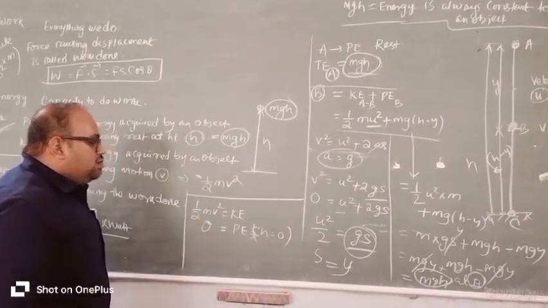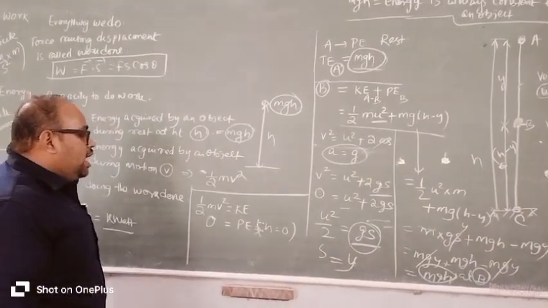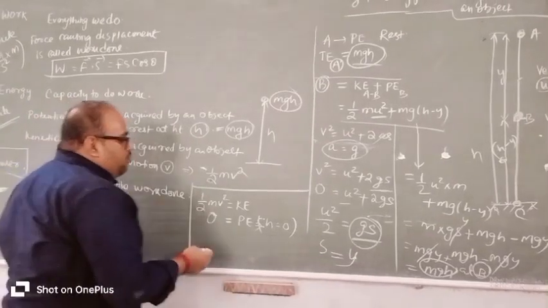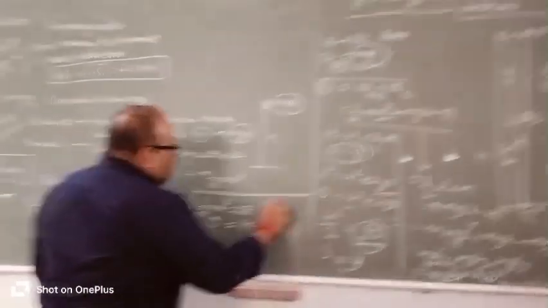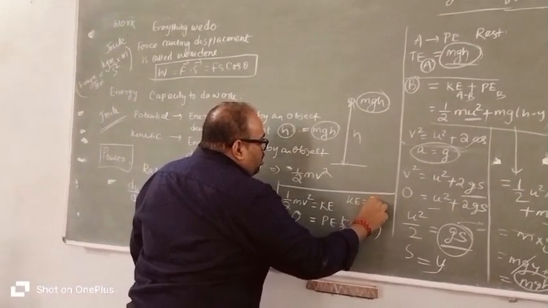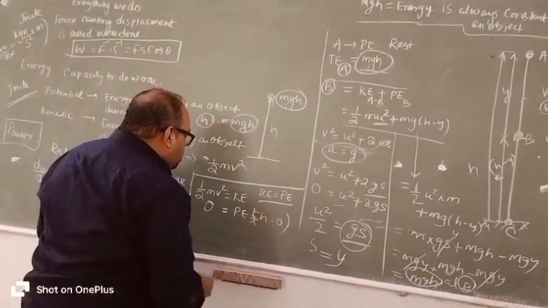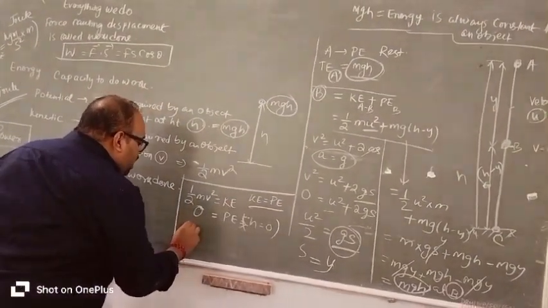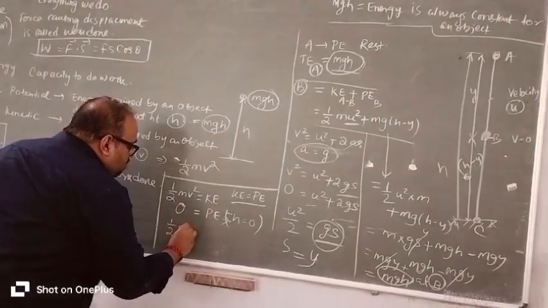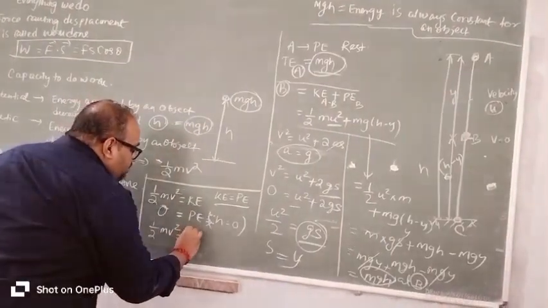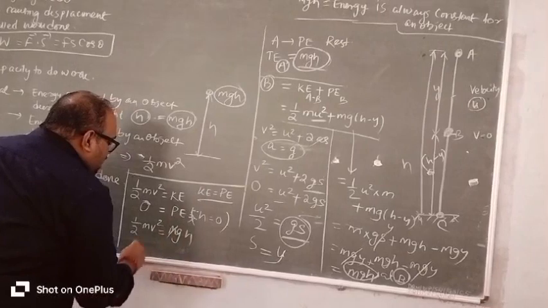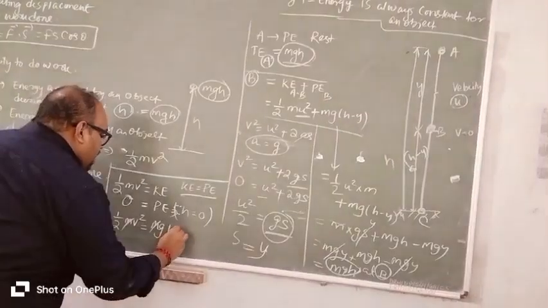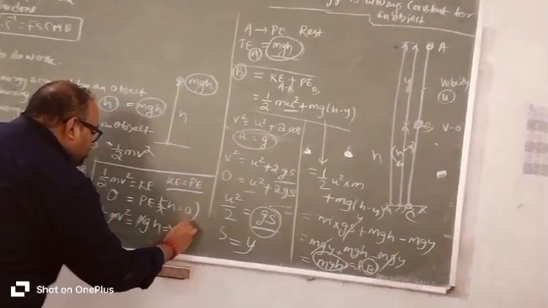So the potential energy is zero and the kinetic energy equals half m v square. And we know kinetic energy is equal to potential energy, so half m v square equals mgh.